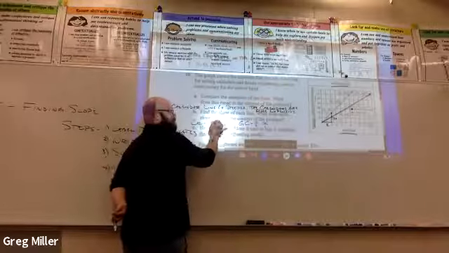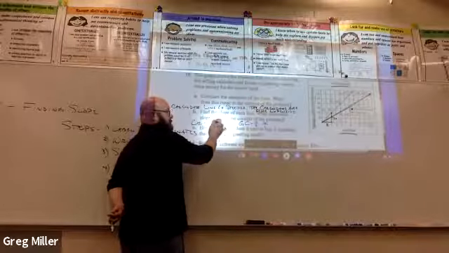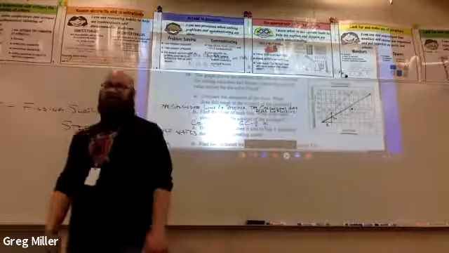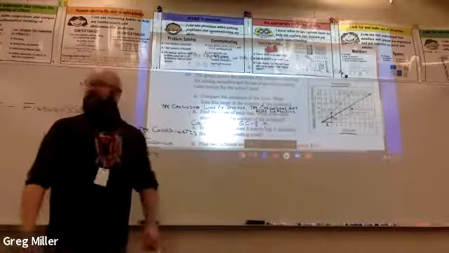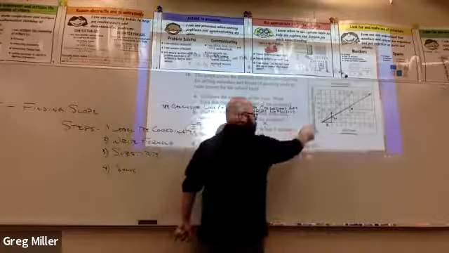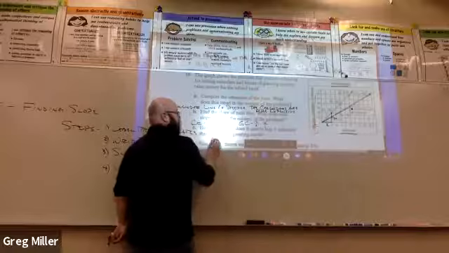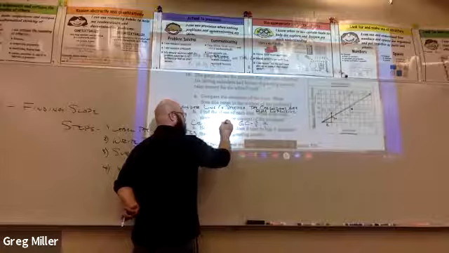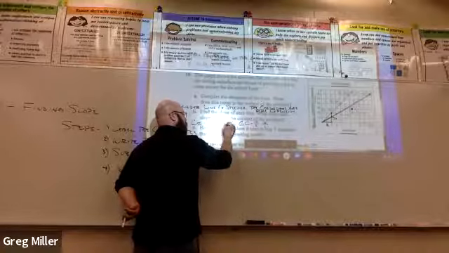What does my top number mean? So we need to look at what our graph says. Yeah, how much it costs. A calendar is $10 for one calendar. So it's $10 per calendar.